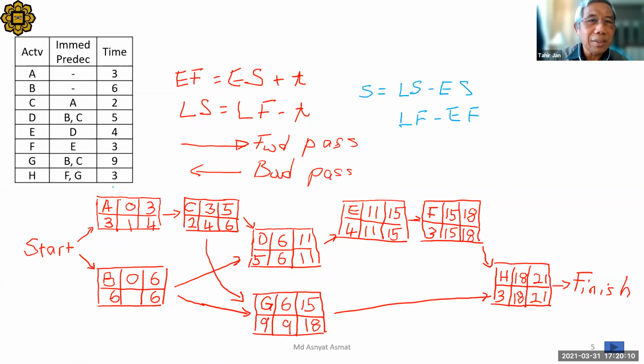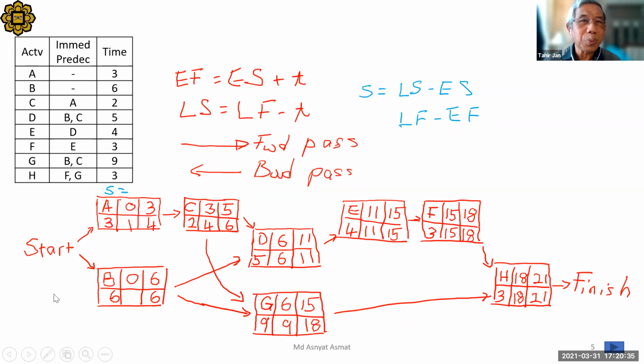A, where's the slack? 3. The first one, 3. And the lower box here, what's this? Late start minus early start. Here, late finish minus early finish, either one.